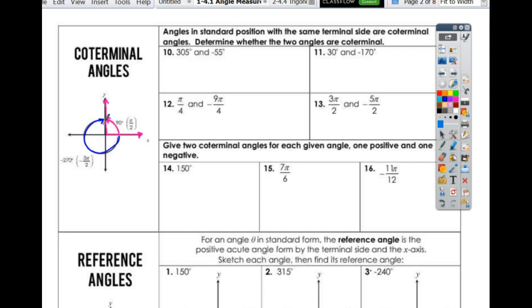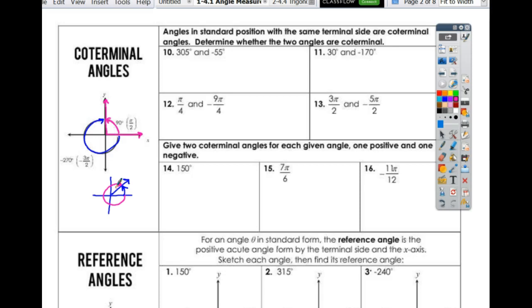And we call that coterminal. Okay? One went positive and one went negative. Do you see that? And they share that side. That's what coterminal is. So if this is my first angle, that would be the coterminal angle. Does that make sense? Okay. Yes or no? Do you see this or not?